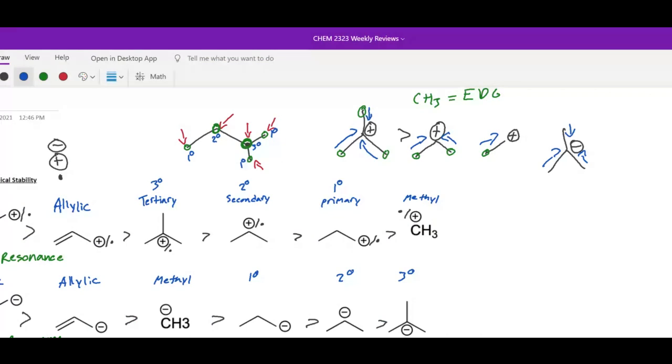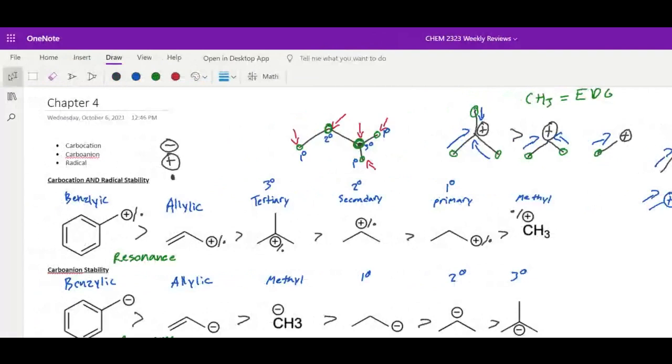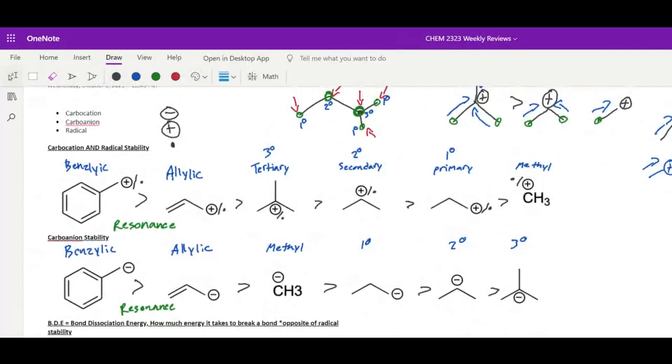We don't want negative charges. So when we have this and we only have 1 source of negative charge coming, it's not as bad as 3 negative sources hurting that negative charge. So it has an inverse effect compared to positive charges. That's why it goes methyl, primary, secondary, and tertiary.